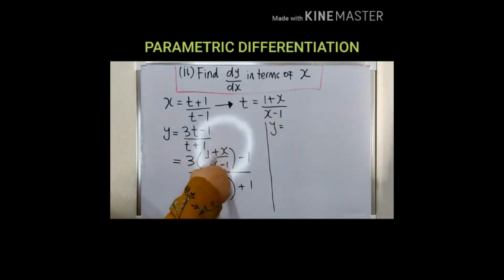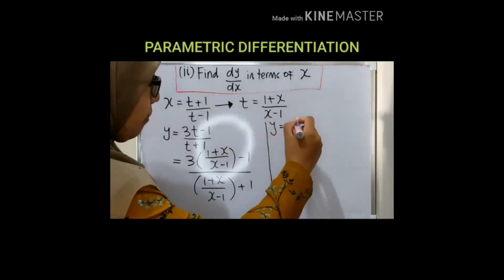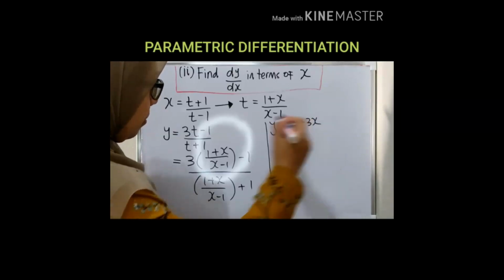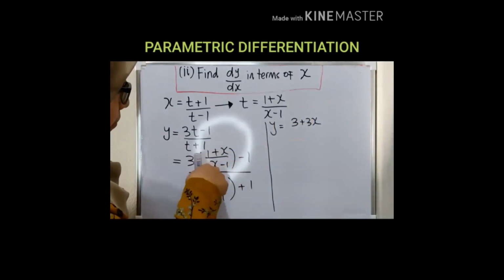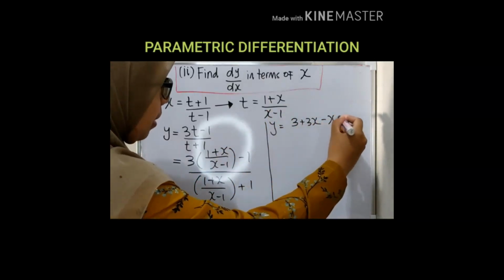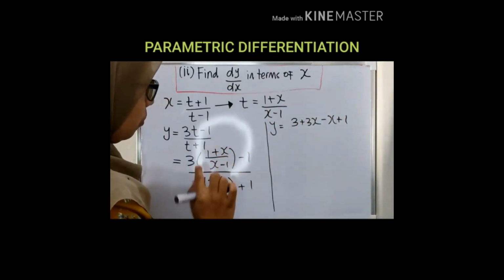If I multiply x minus 1 to this part and also x minus 1 for this part, now I will have 3 plus 3x, and then I have here negative x plus 1.